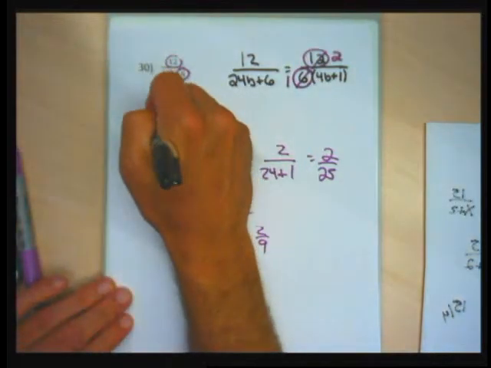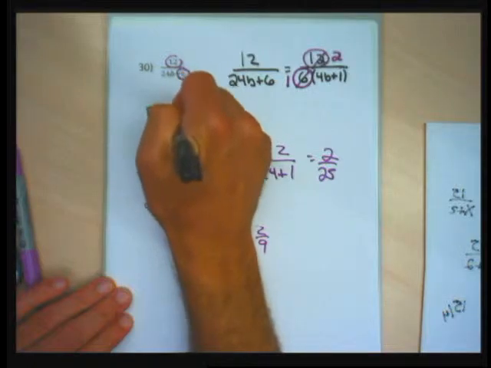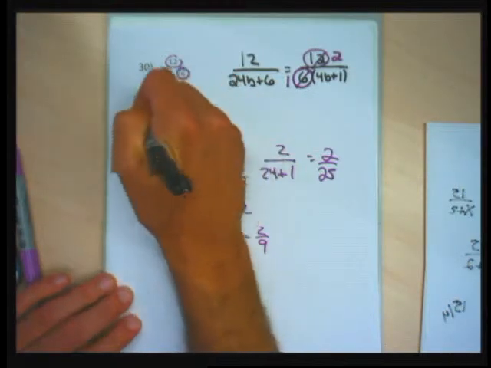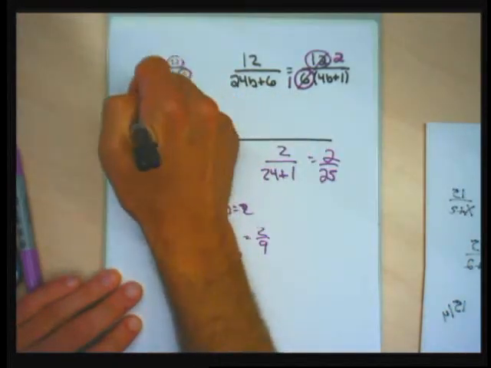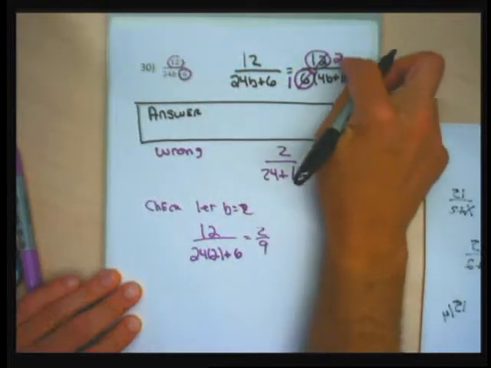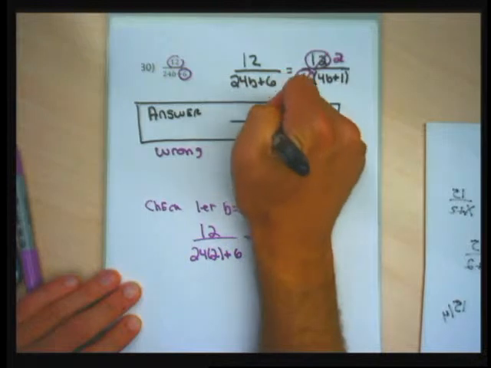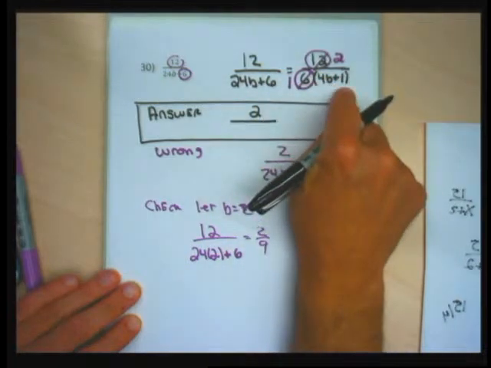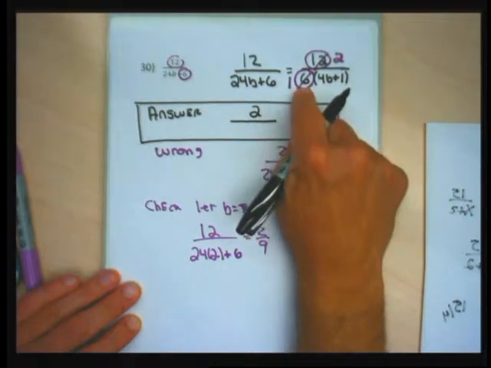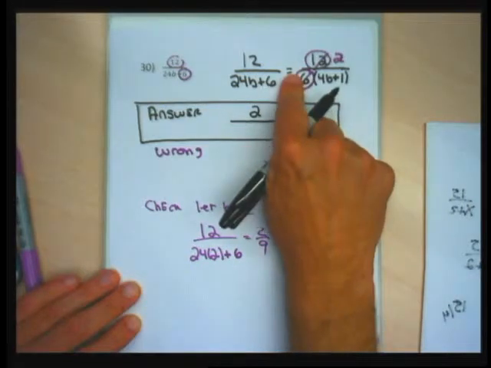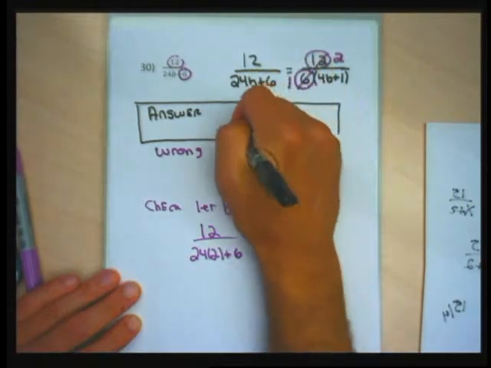I claim that this is going to be a correct reduction. My correct reduction is going to have that 2 in the numerator, just like in my wrong answer, but in the denominator, I'm just going to have the 4b plus 1. I've canceled the 6, it turns into a 1, which means I don't need to write the 1 and I don't need the parentheses anymore.